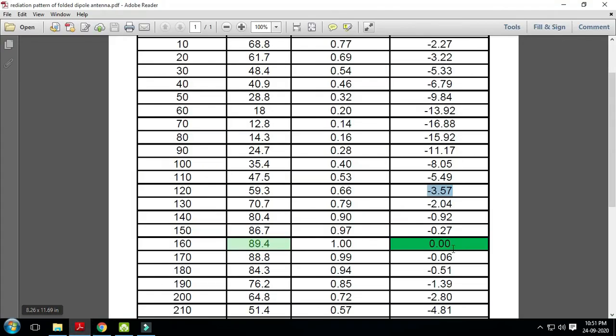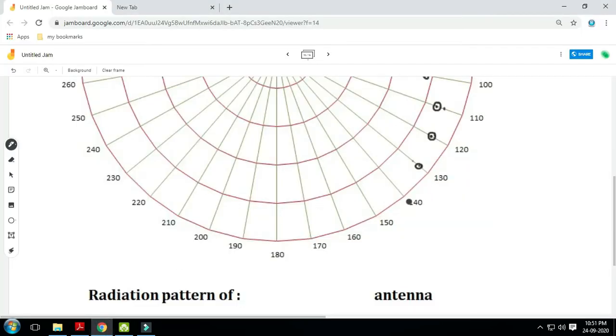Now at 140 degrees, I have reading 0.92. See, this 0.92 is almost equal to 1, so I put this reading near to 0, but it is almost equal to 1, so a little bit of difference from the 0 dB red line.